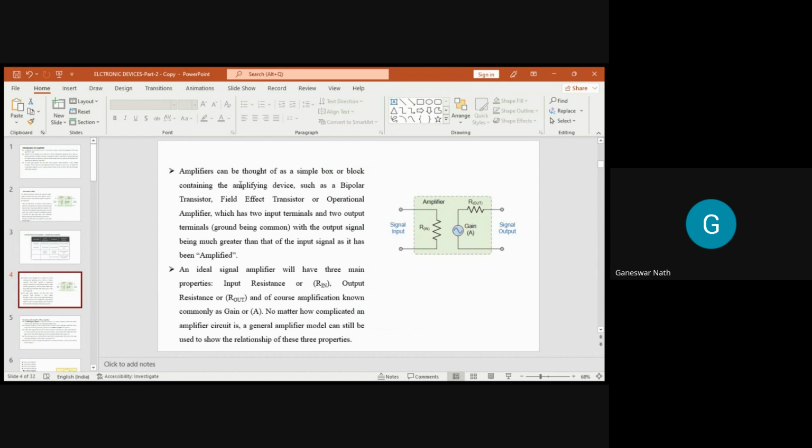These amplifiers can be thought of as a simple box or block that contains the amplifier device such as a bipolar transistor, a FET, or an operational amplifier, which has two inputs and two outputs. I've already told you.